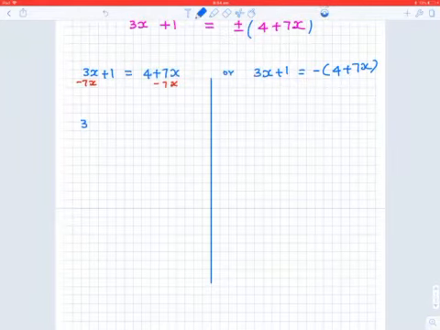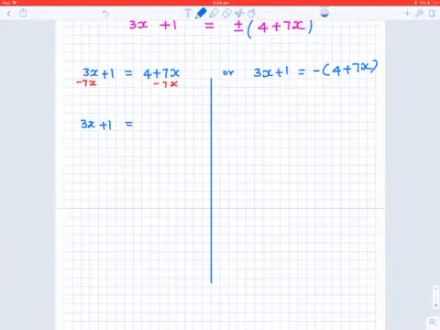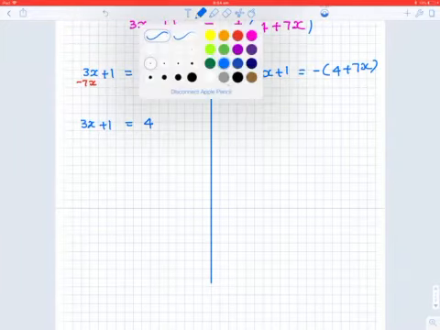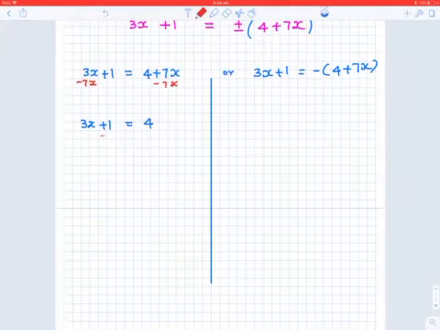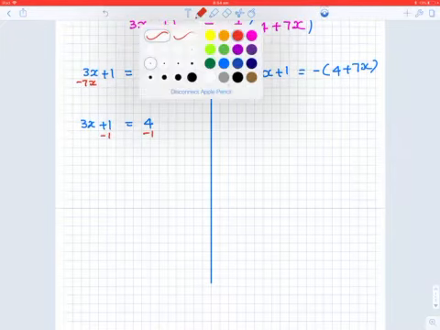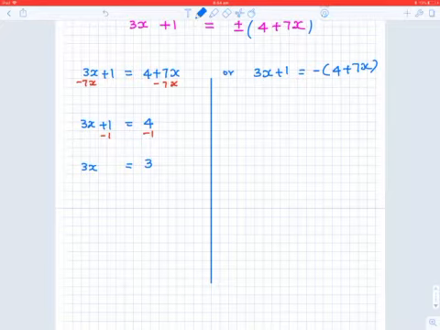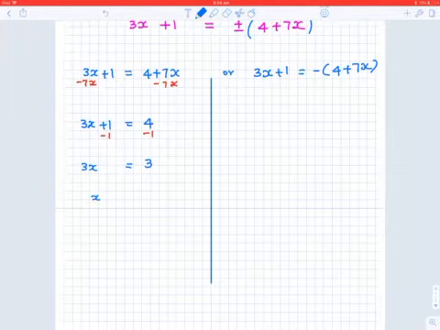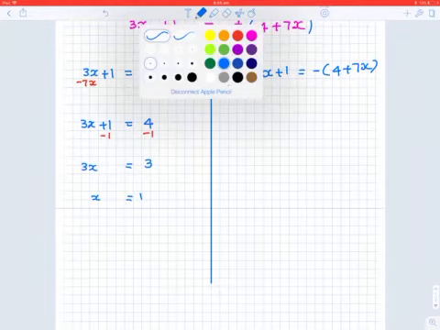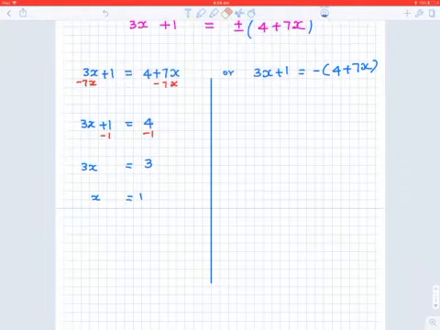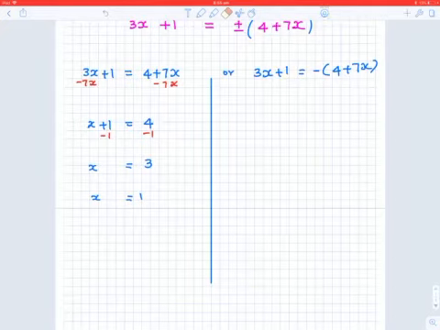If I do that, now I have to remove the 7x from both sides. So when I do that, I end up getting 3x plus 1 equals 4. Now I have to remove the 1 from both sides. Oh, I made a mistake, sorry.